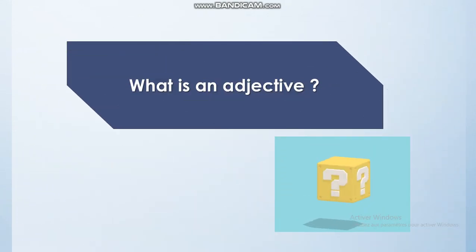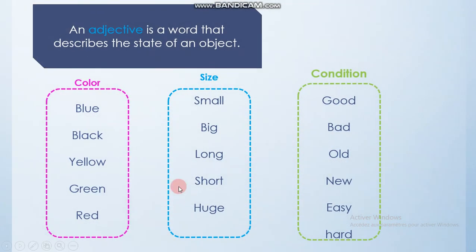Now, let me ask you this question. What is an adjective? We said old and new are adjectives. But what is an adjective? Well, an adjective is a word that describes the state of an object. It can describe the color of the object. So I can say, this bicycle is blue. So blue is the adjective.